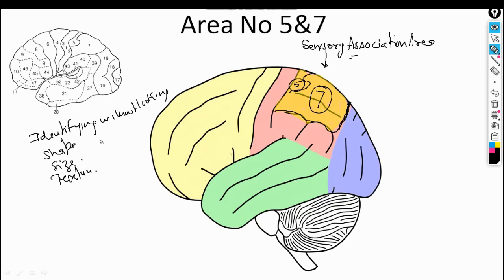Further, we can identify that the object in my hand is somewhat circular, rectangular or irregular in shape. We can identify the size. We are all able to do this due to areas 5 and 7. Clear? This feature is known as stereognosis.